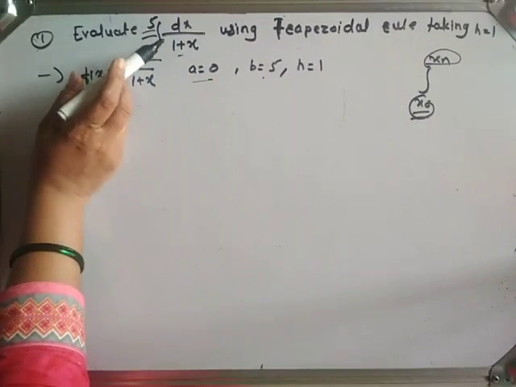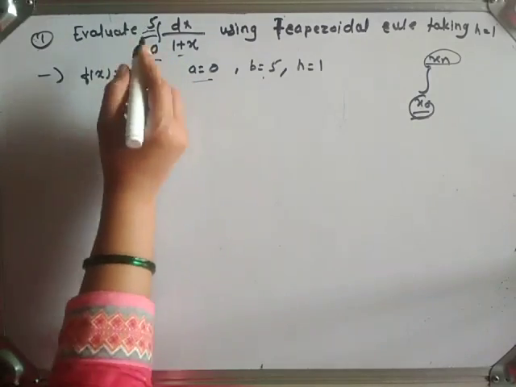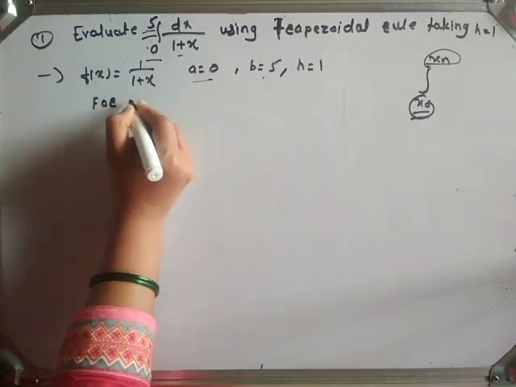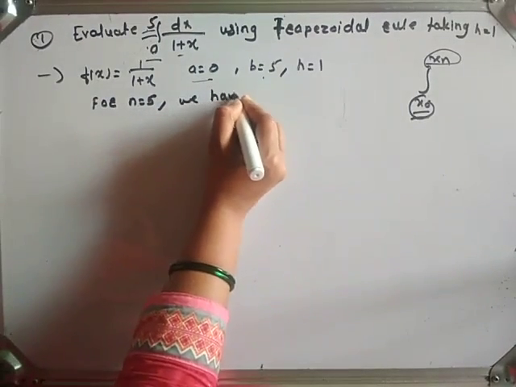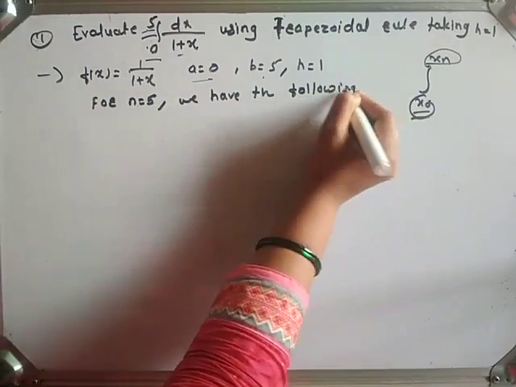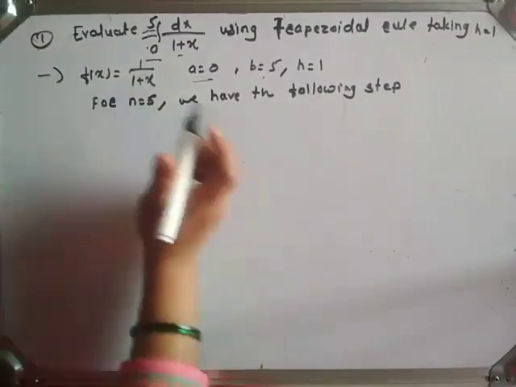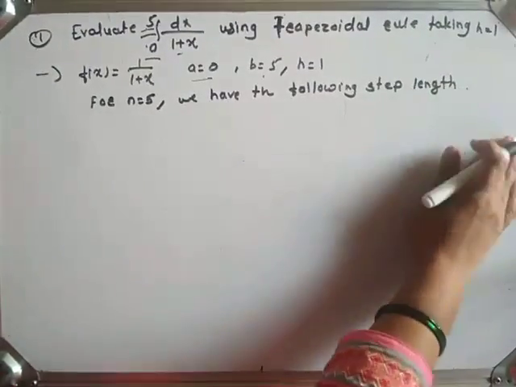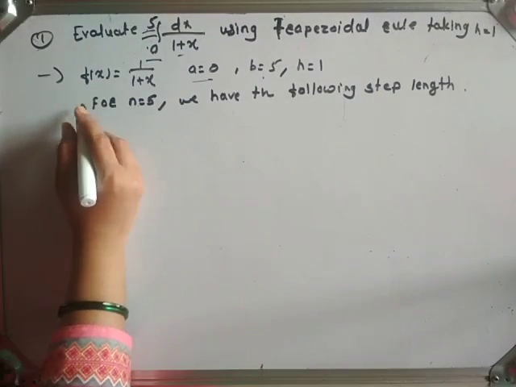See here, integration from 0 to 5, so here n is 5. For n equals 5, we have the following step length and nodal points.